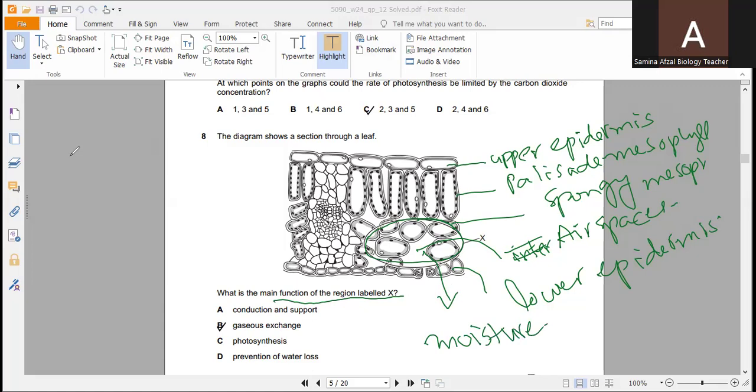Photosynthesis is not taking place in the air spaces, as no chlorophyll is there. And prevention of water loss: it will not prevent water loss through this alone. B is the correct option, that is, the gaseous exchange which takes place in these air spaces.